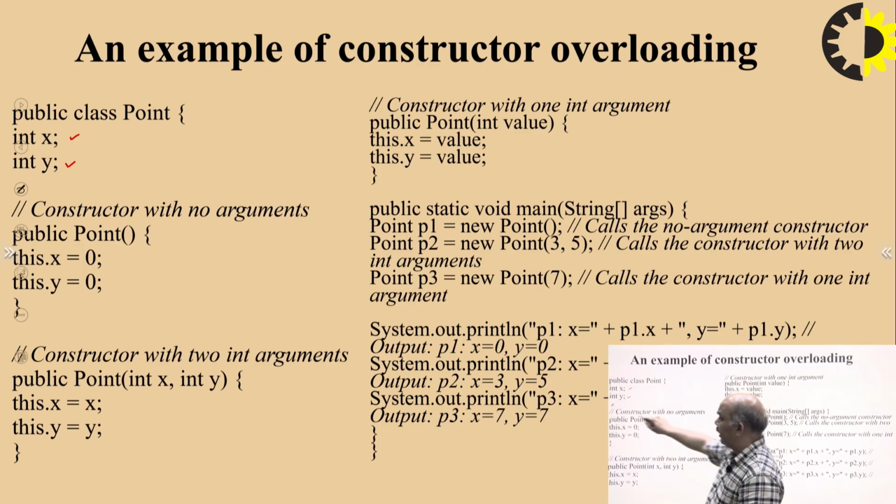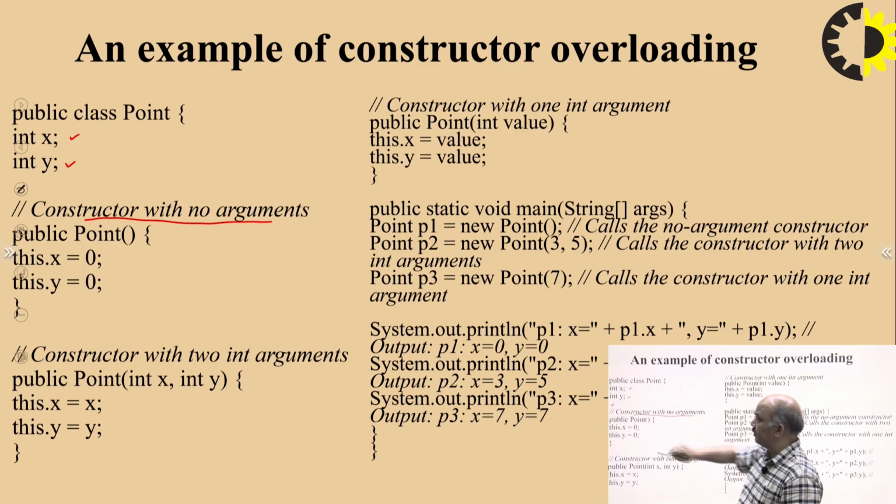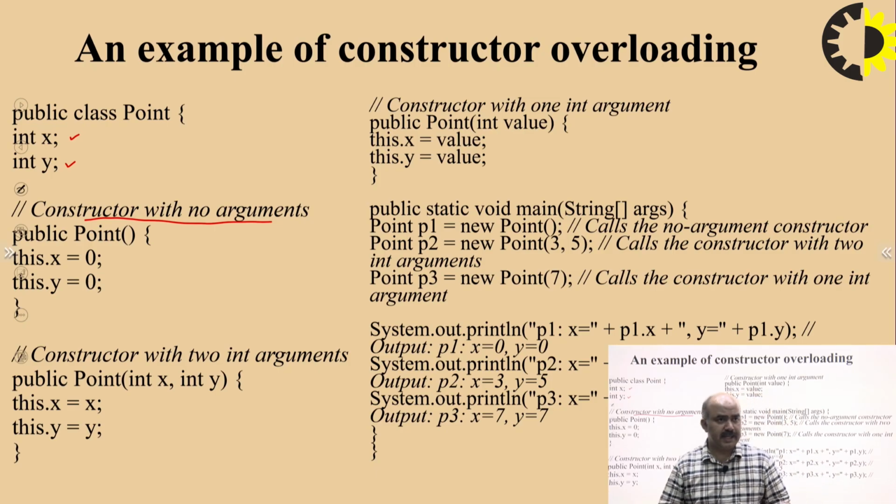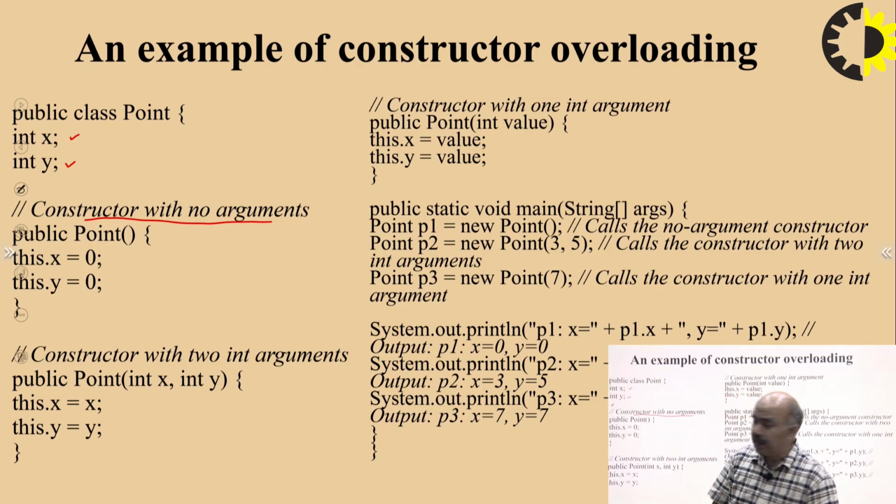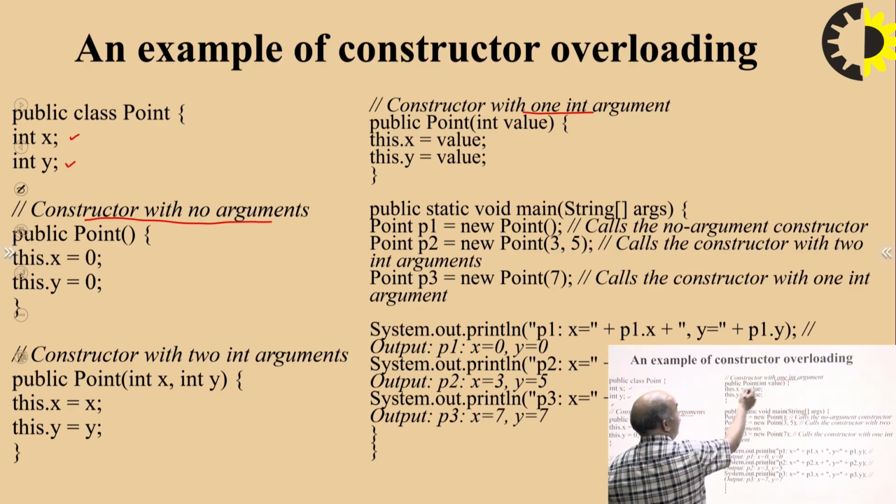Now we have created a constructor with no arguments, public Point, and we pass the value 0. Now a constructor with two integer arguments, public Point(int x, int y), where we pass the two values x and y. Then a constructor with one argument, public Point(int value), where x and y values are set.